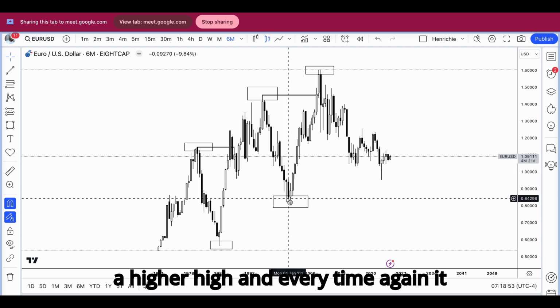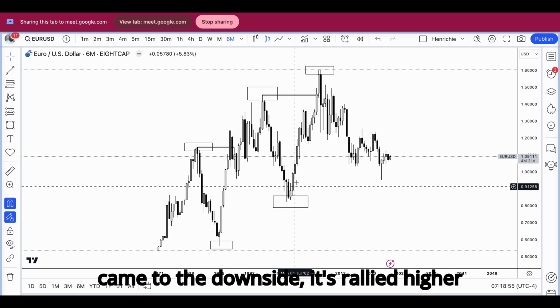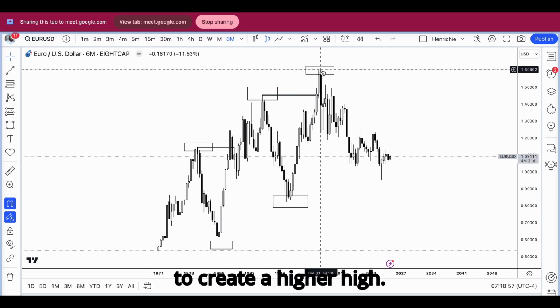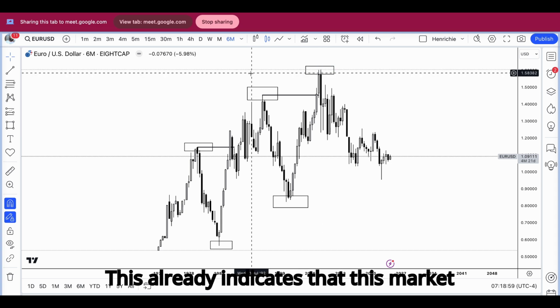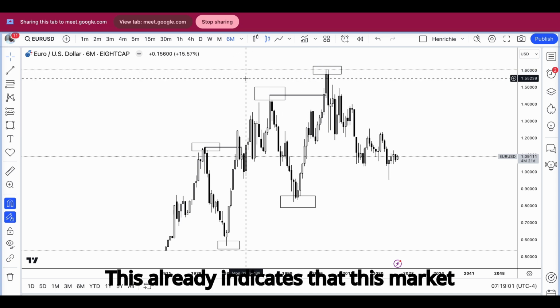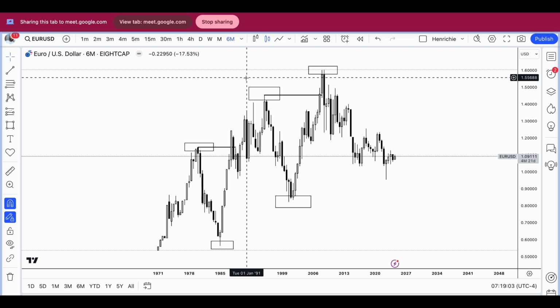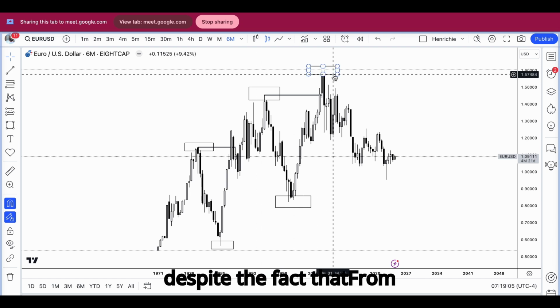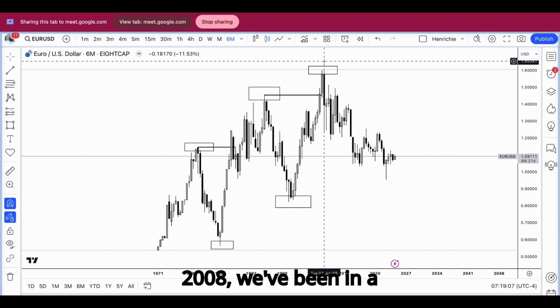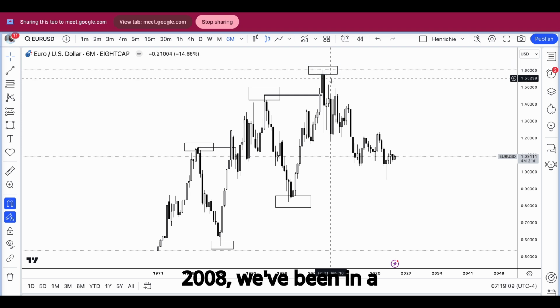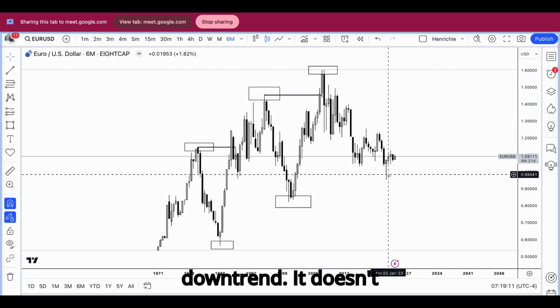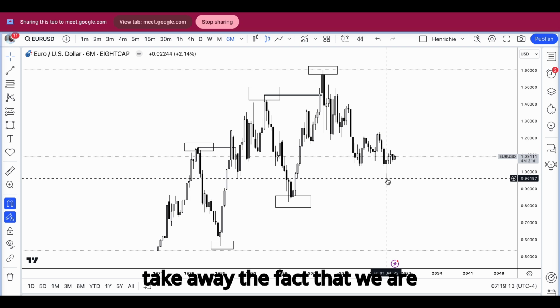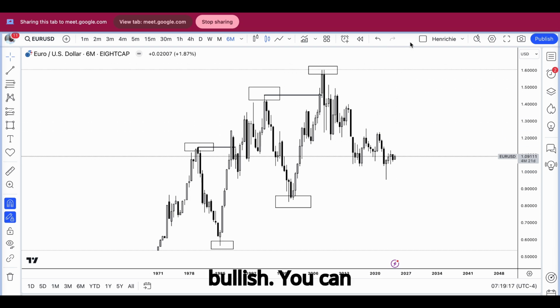And every time again it came to the downside, it's rallied higher to create a higher high. This already indicates that this market is bullish, despite the fact that from 2008 we've been in a downtrend. It doesn't take away the fact that we are bullish.